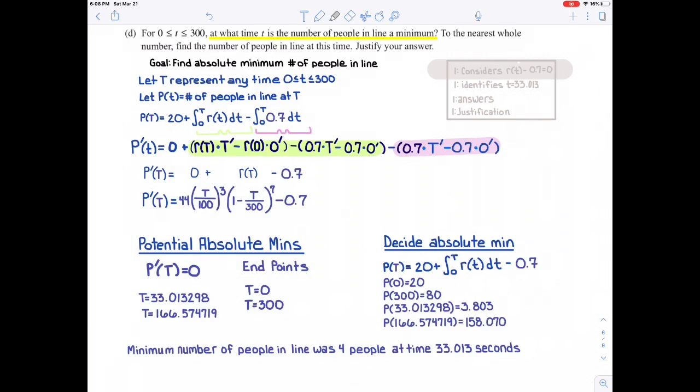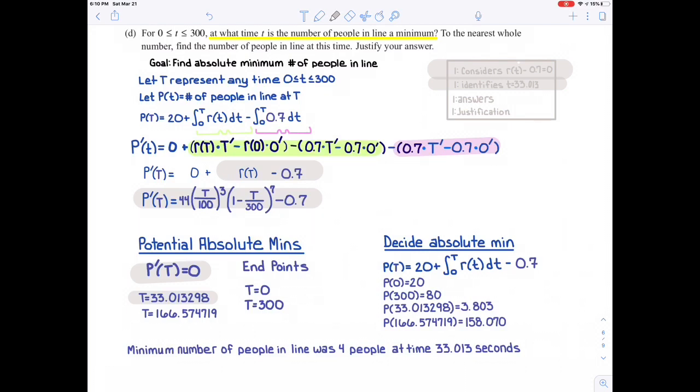The first point was to set R of t minus 0.7 equal to 0. Here is my R of t minus 0.7, which is this. I set it equal to 0, giving me 1 point. The second point comes from identifying 33.013. I have that here.